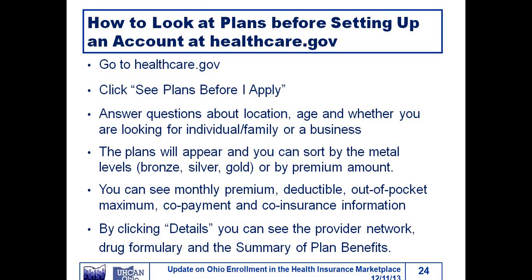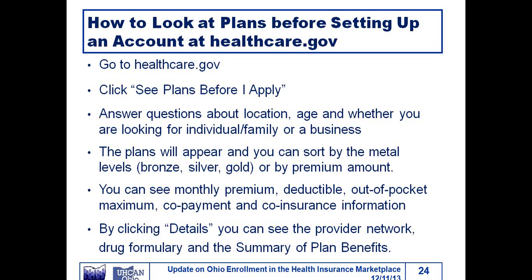So you go to healthcare.gov and you see three little circles, and you click on the one that says See Plans Before I Apply. And it will ask you a number of questions about your location, your age, whether you're looking for an individual plan or a family plan, or whether you're shopping as a business person for your employees.